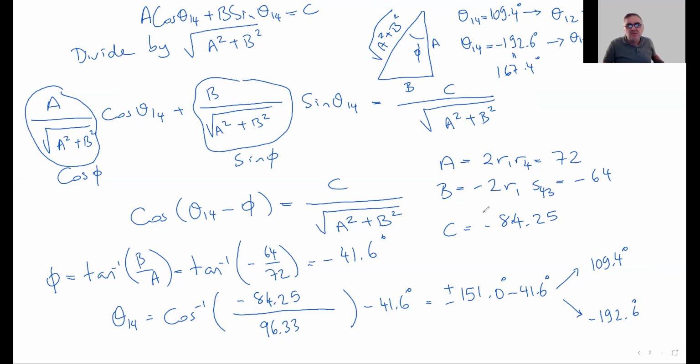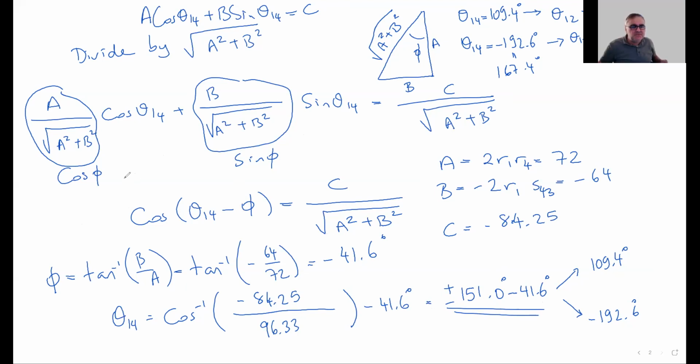What do you mean? Hocam, the equation was cos of theta 1,4 minus phi, and we found phi as a negative value, but we should subtract it again. Yes. And minus minus should be positive.